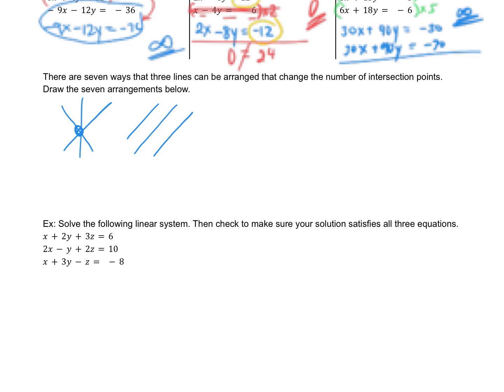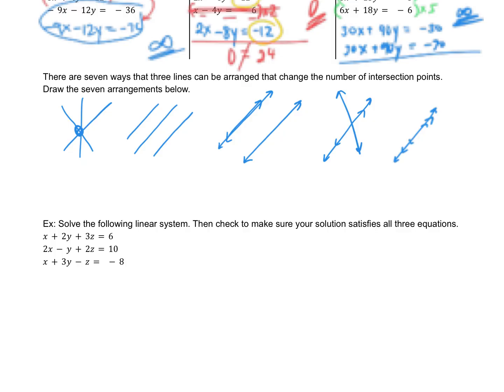I should be putting arrows at the ends of my lines. I'm just not. What about if we have 2 lines that are on top of each other and the third one is parallel? Or I have 2 lines that are on top of each other and one intersects. Or what if I have all 3 on top of each other?